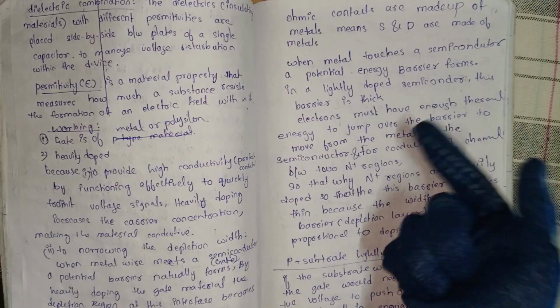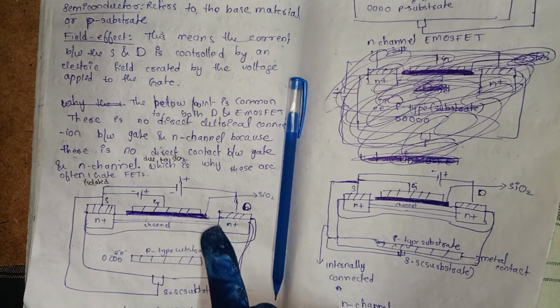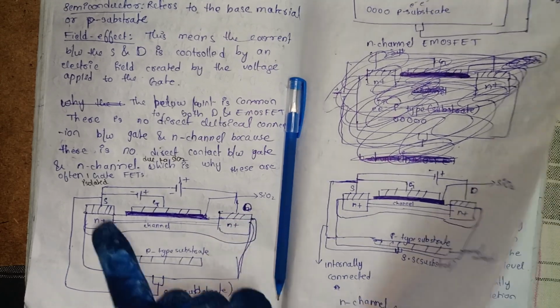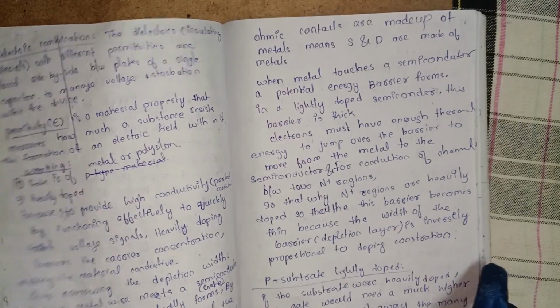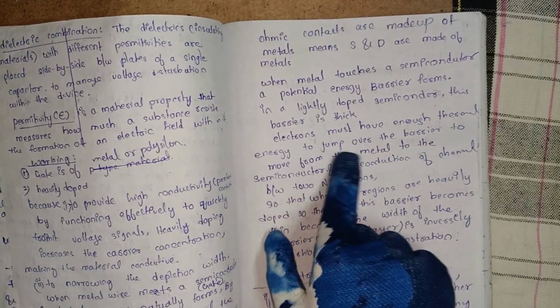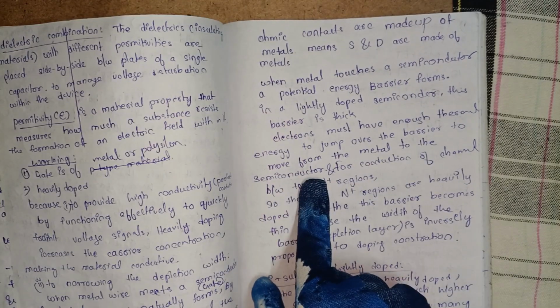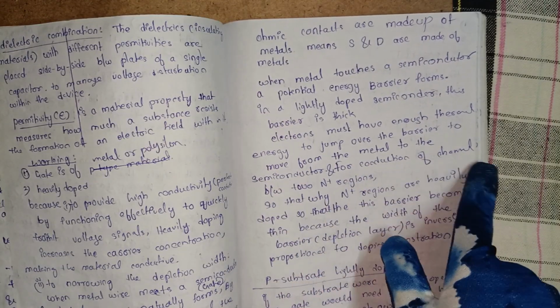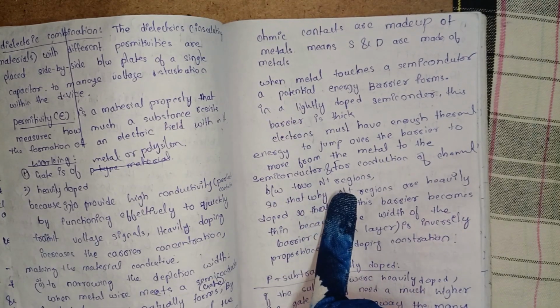It forms here. Electrons must have enough thermal energy to jump over the barrier to move from the metal to the semiconductor, and for conduction of the channel between the two N plus regions.